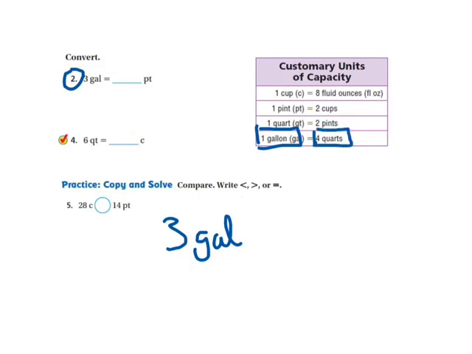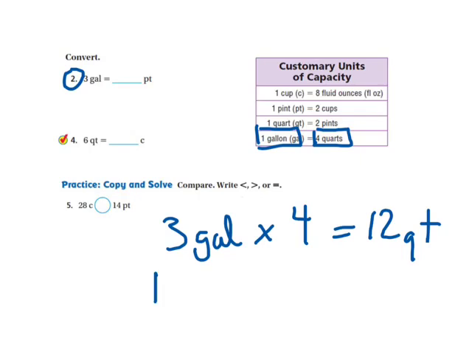So let me change that to quarts first. 3 gallons, let's see. So if I'm going from gallons to quarts, that's big to small, so that's multiplication, and there's 4 quarts in a gallon, so that would be 12 quarts.